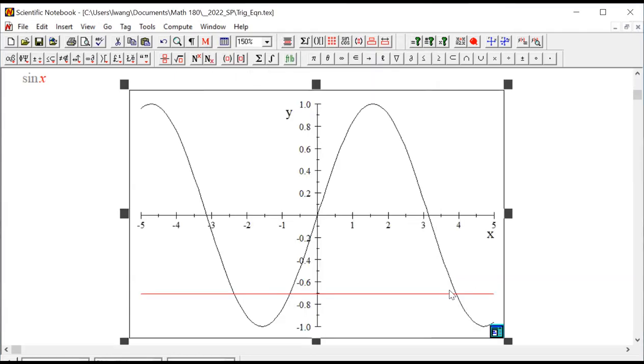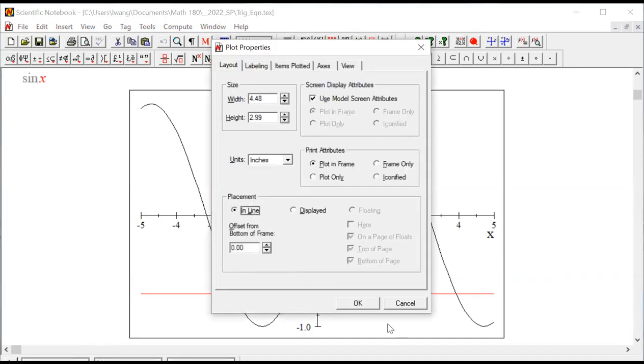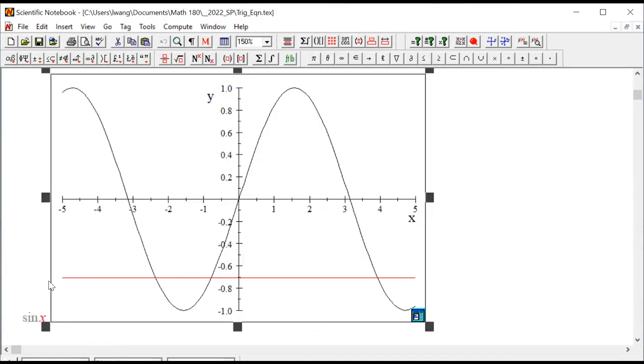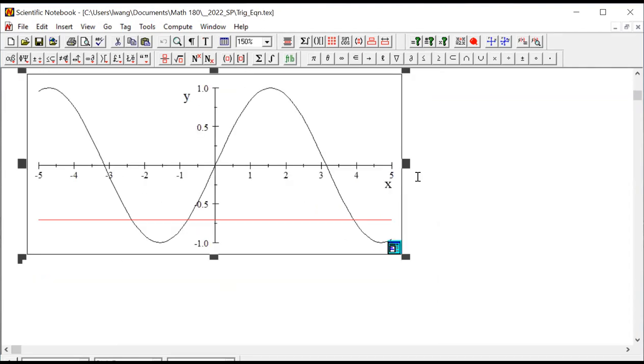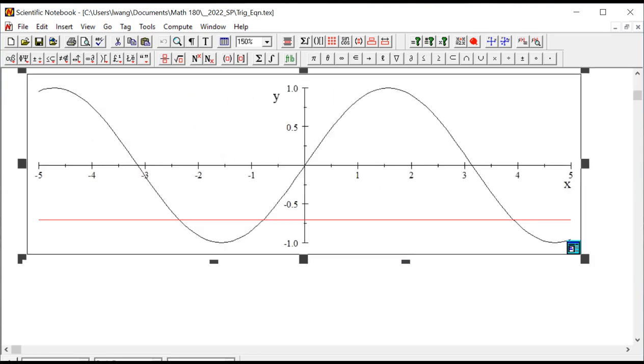It crosses, so we have all these horizontal cuts. How many solutions do we expect? A lot, right? We have lots of solutions. So what are they? How do we identify them?